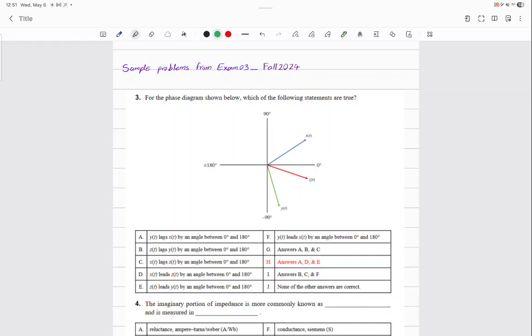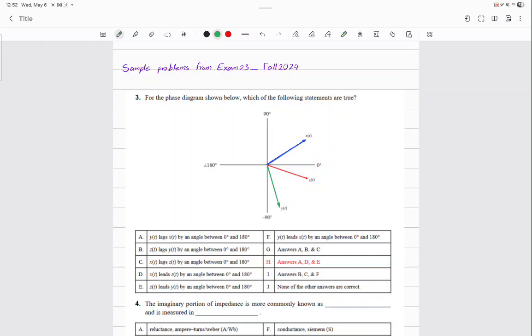Y(t) lags X(t). Let's find where Y(t) is. So this is X, and Y is green. When it says Y(t) lags X(t), what does it mean? Remember the analogy I made with running around the classroom in the previous lecture.